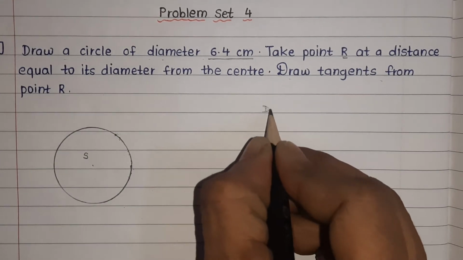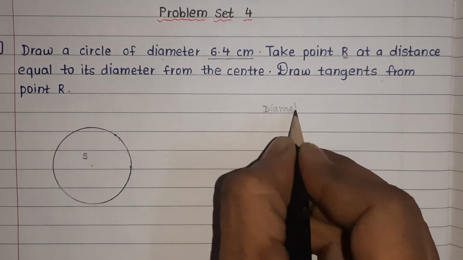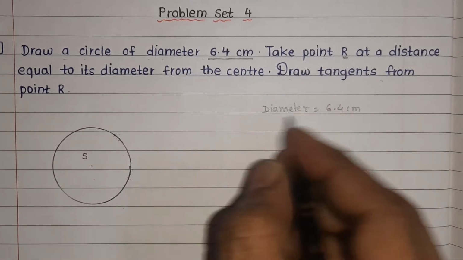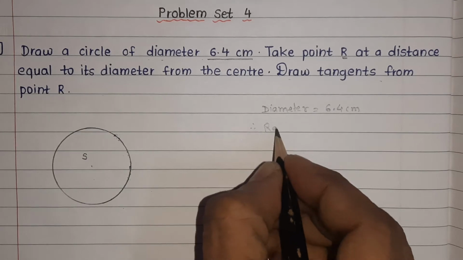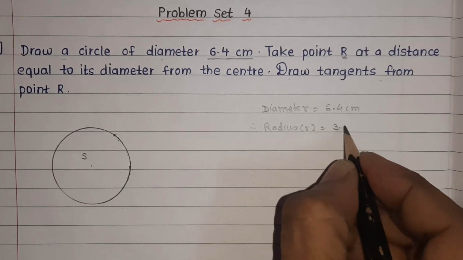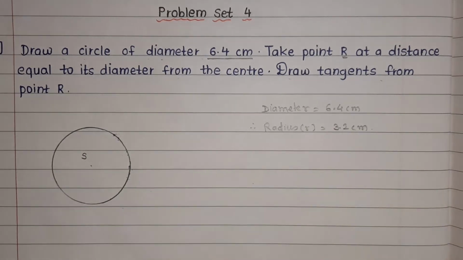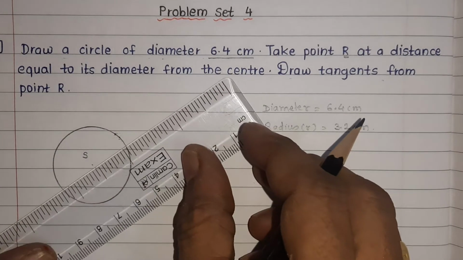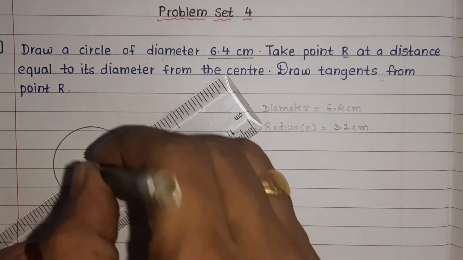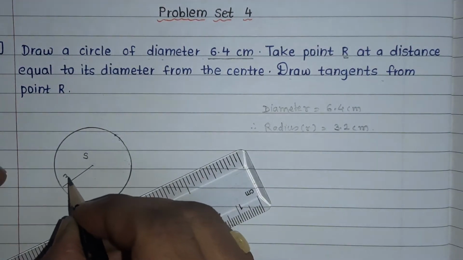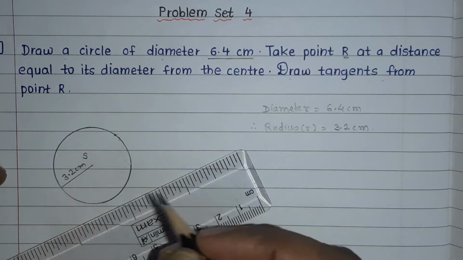Therefore, we can write here diameter is equal to 6.4 centimeter, and therefore radius r is equal to half of diameter, that is 3.2 centimeter. Now we have to show this radius. Here this is a radius and it is 3.2 centimeter.